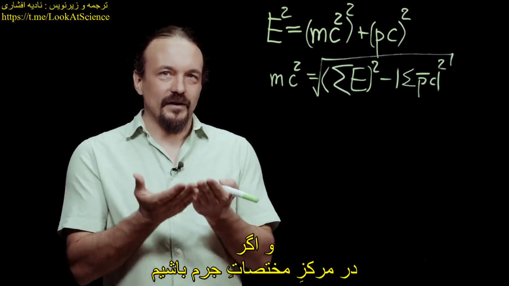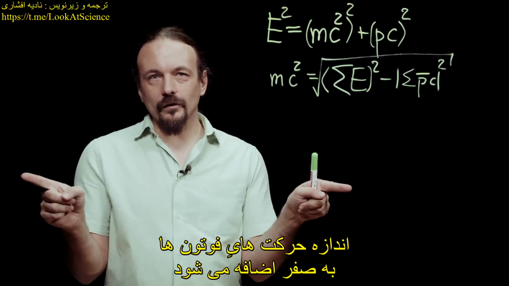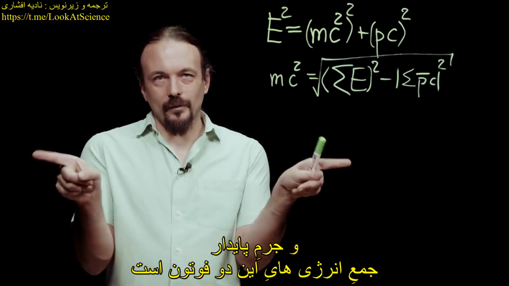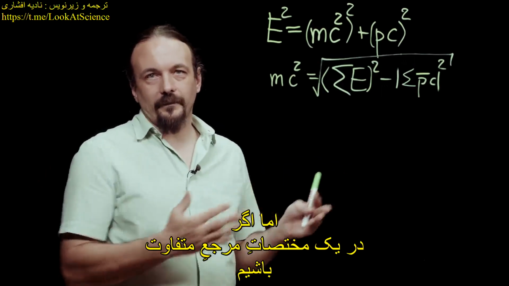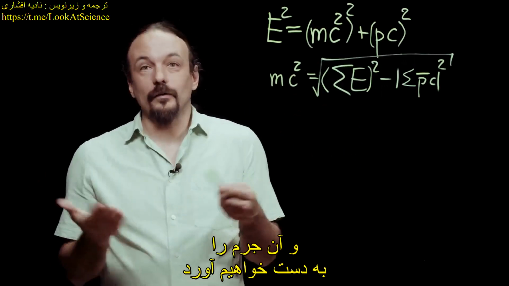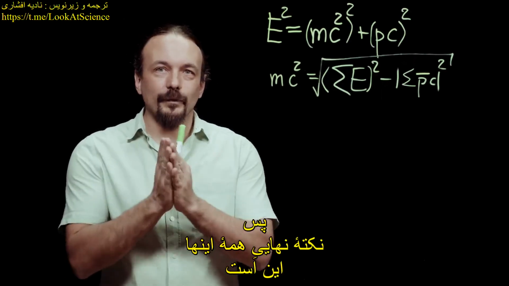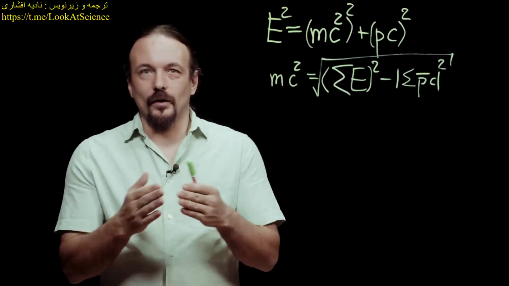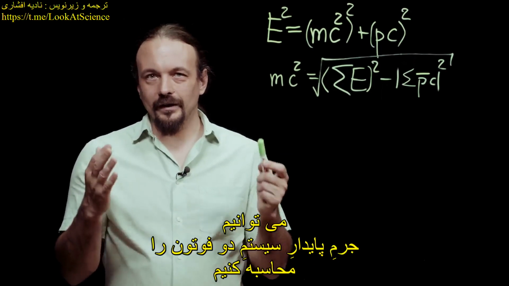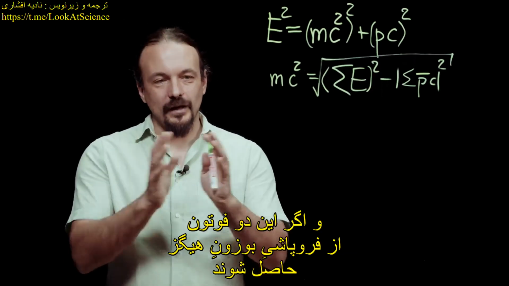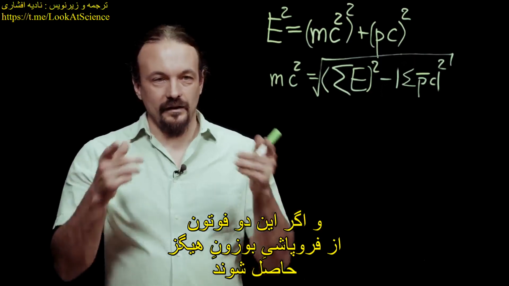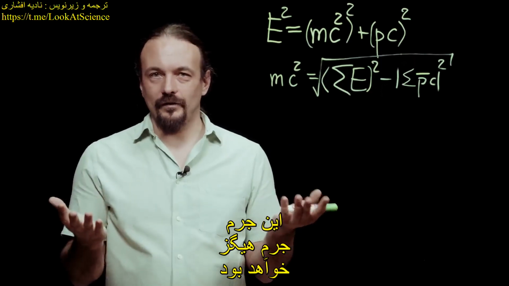And if we're in the center of mass frame, the photon momenta add to 0, and the invariant mass is the sum of the energies of the 2 photons. But if we're in a different reference frame, we just need to calculate this, and we'll get that mass. So the bottom line of all of this is, when we detect 2 photons, we can calculate the invariant mass of the 2-photon system. And if the 2 photons come from the decay of the Higgs boson, this mass will be the mass of the Higgs.